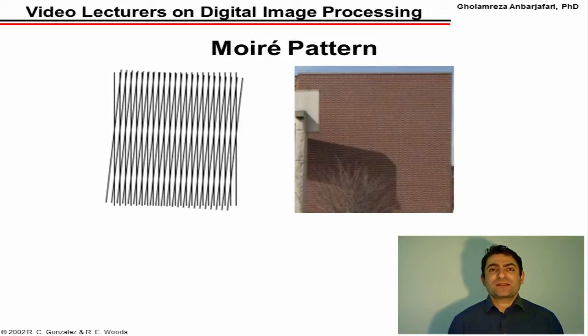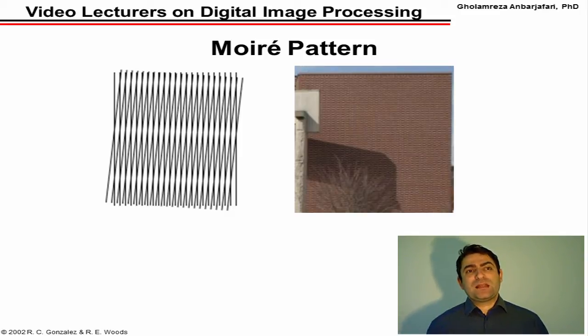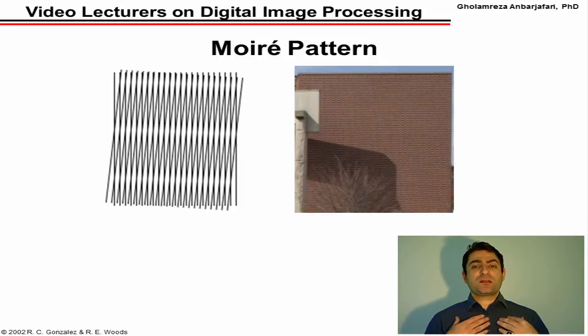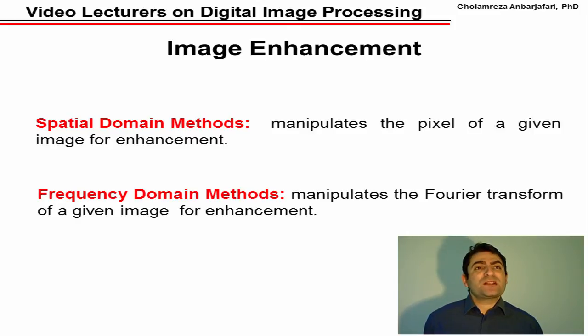Moire patterns are patterns with lots of repetitive structure, like lots of parallel lines, which means we have lots of high frequencies. Usually we need to apply the low-pass filter before we do the sampling. If you remember, I said that when we want to make a video, or go on TV for an interview, they ask us not to wear shirts with lots of stripes, because it will cause aliasing.